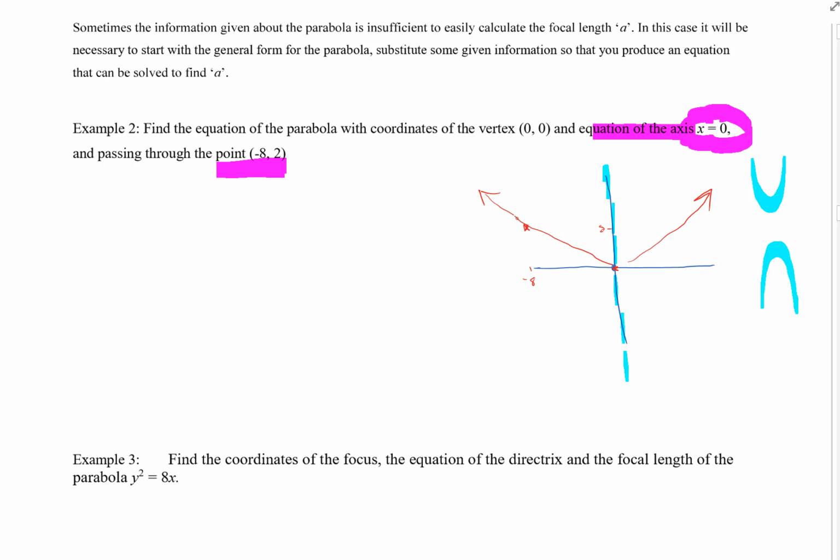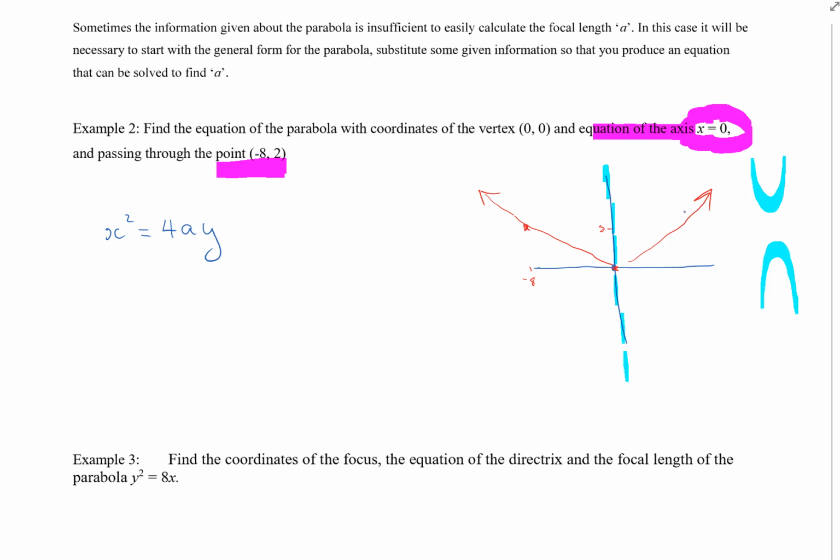But what I have established, and think about what you've established. You've established which one of those standard equations you want. You want x squared is 4ay. That's the parabola up the right way, and it's a positive up the right way parabola. Vertex, the origin.